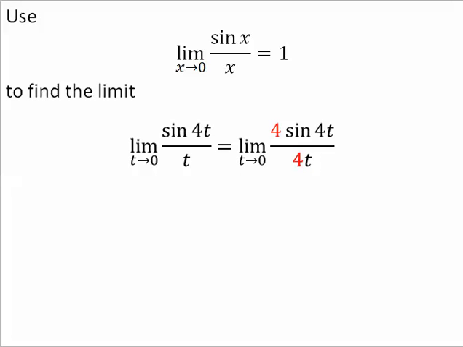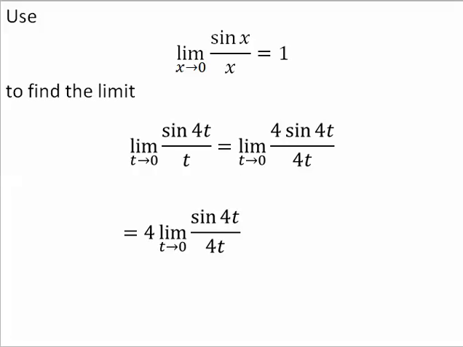I'm going to multiply the numerator and the denominator by 4. And then I'm going to pull out one of the 4's. Now look at my angle and my denominator. My angle is 4t, and my denominator is 4t.